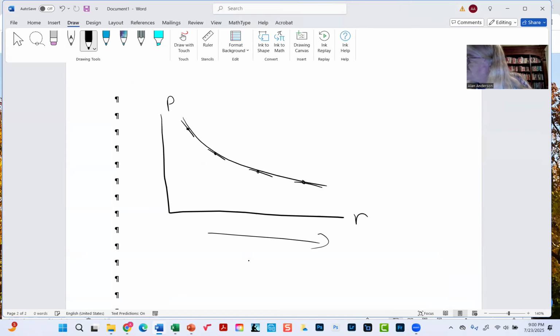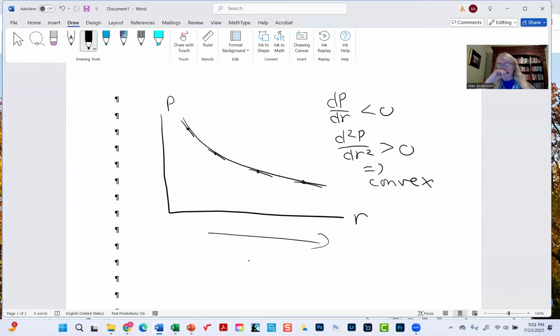And so therefore, you can see that two things are going on here. The first derivative is negative, of course, and the second derivative is positive. And therefore, the curve is said to be convex, specifically convex to the origin.